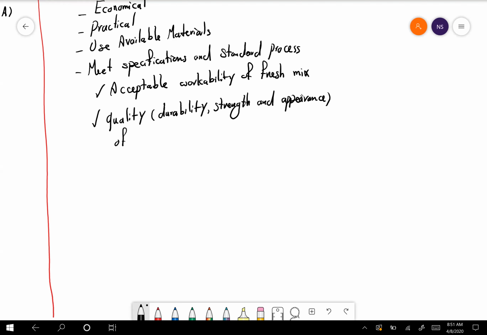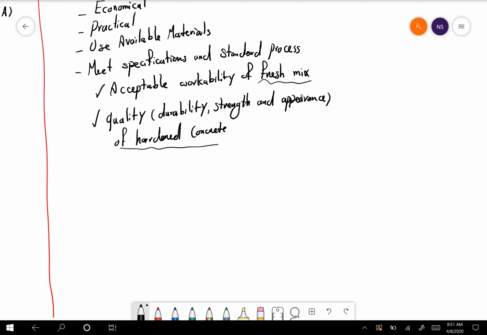This is the quality of hardened concrete. So you need to monitor both the fresh properties and also the hardened properties. And also we need to make sure that, again, it's economical, right?